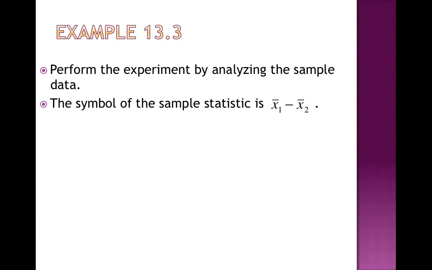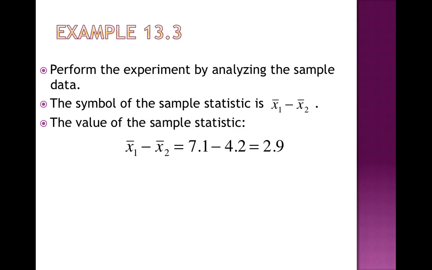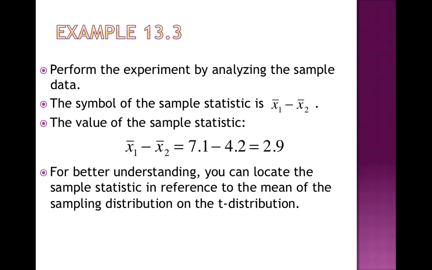Looking at the sample data, x bar 1 minus x bar 2 is the symbol. So you're going to write the symbol x bar 1 minus x bar 2, and the value for x bar 1 minus x bar 2, you're going to take the two values, 7.1 and 4.2, subtract them, and get 2.9. If you locate where 2.9 is on the t-distribution, it's positive, and so it's on the right side of 0.